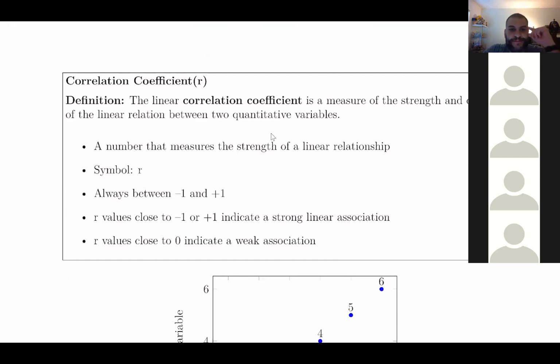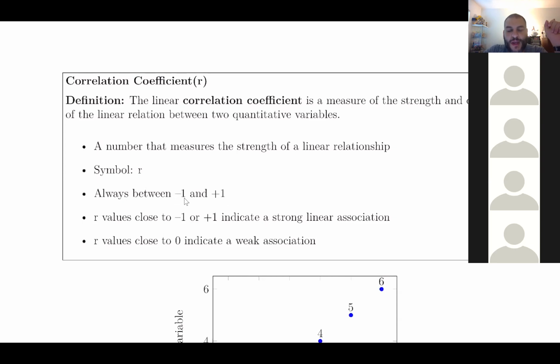So the only reason we have a negative and a positive, if you remember back when we were doing association, is that a -1 represents a negative association. If you have a positive one, it means you have a positive association.